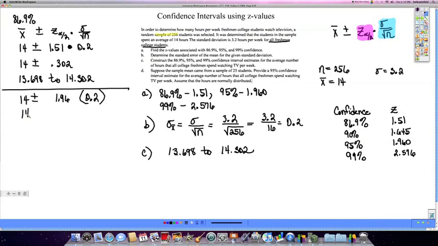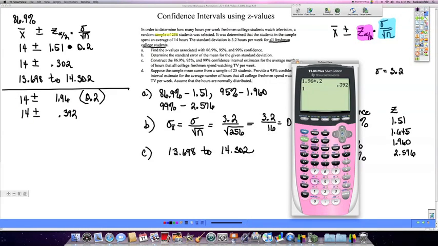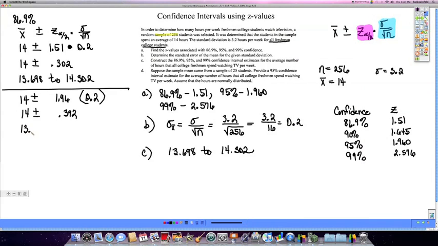And so it will be 14 plus or minus 0.392, and we can subtract the 0.392, 13.608. And of course, it always seems the adding is easier than the subtracting.